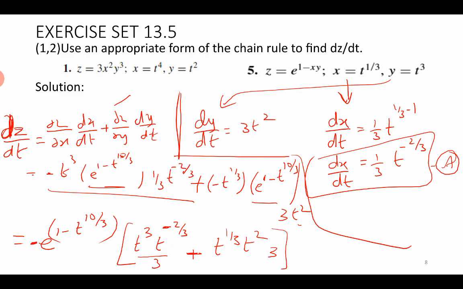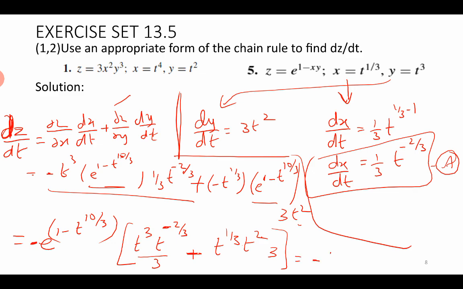So what is the power of t in both the terms? Here it is 9 minus 2, 7 over 3. Here 2 into 3, 6 plus 1, 7 over 3. So the t power is same. We can take out t power.